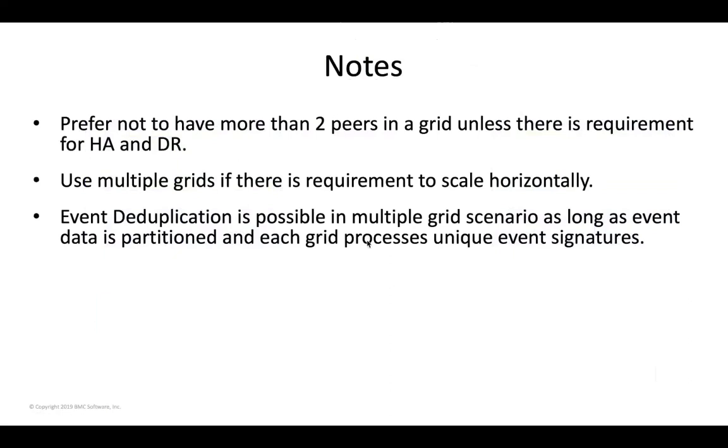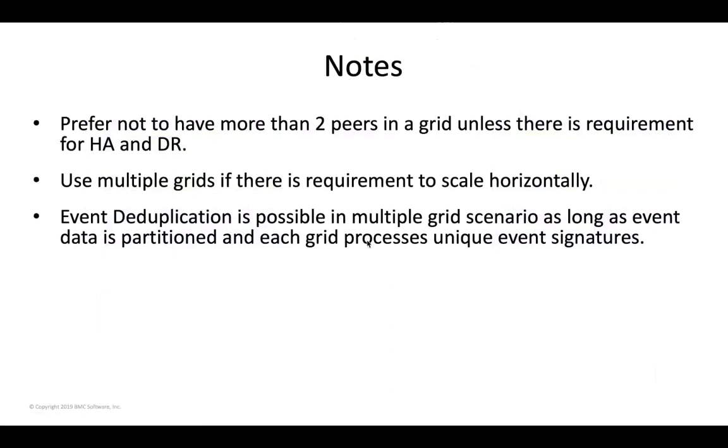Now, event deduplication, even though I said no in the previous slide, there are ways we can have multiple grids and still be able to perform event-based job execution. We just have to make sure that events coming into these grids are very unique, so the same event is not forwarded to both grids.